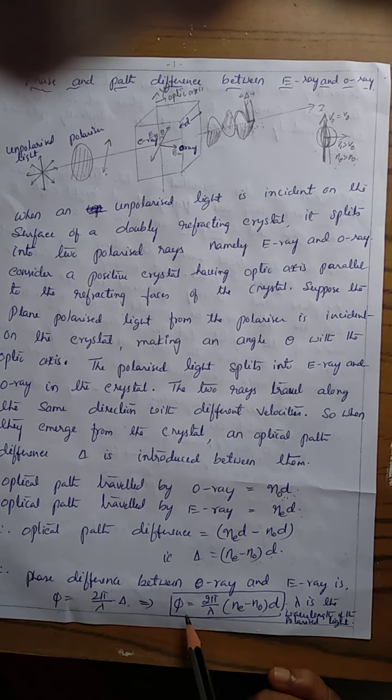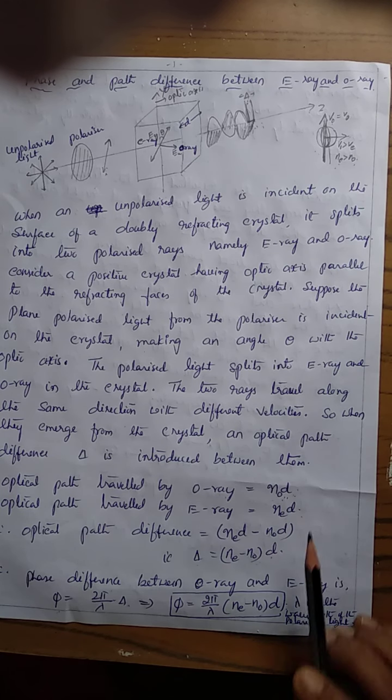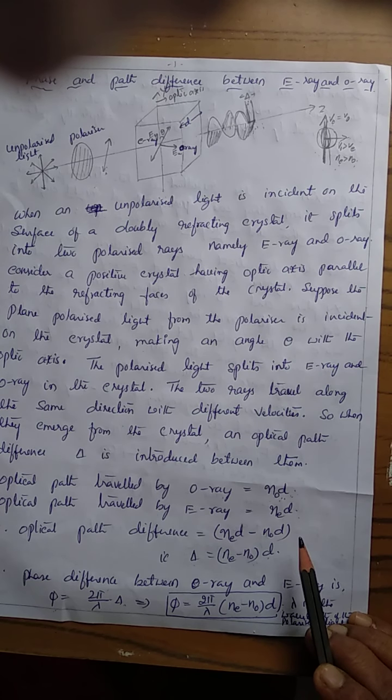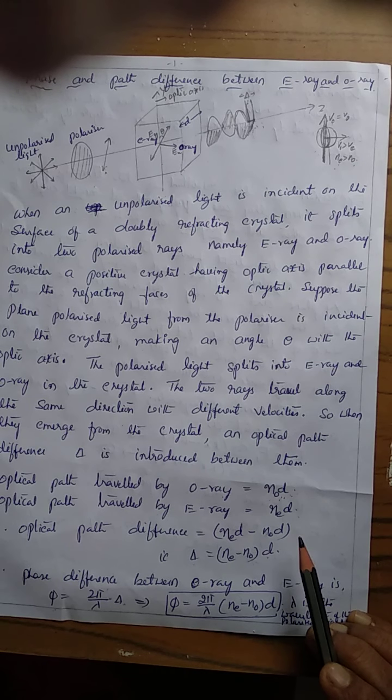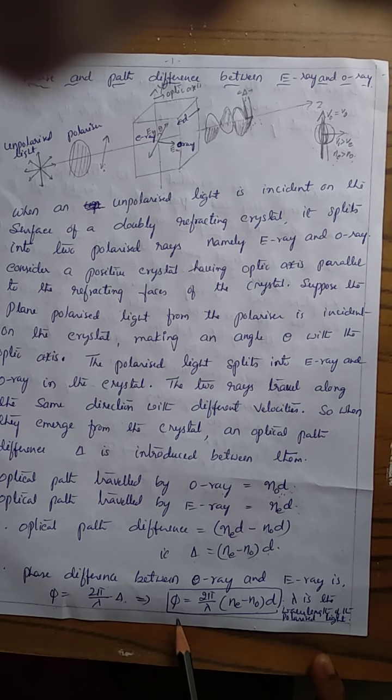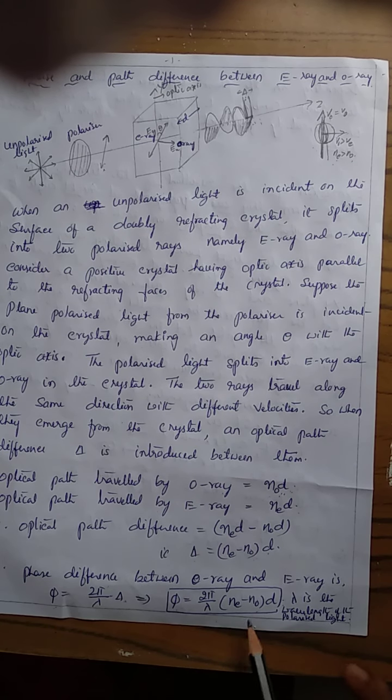Thus, when a plane polarized beam is incident on a crystal making an angle theta with the optic axis, a phase difference of 2 pi by lambda into (NE minus NO) D is introduced between the E ray and the O ray.